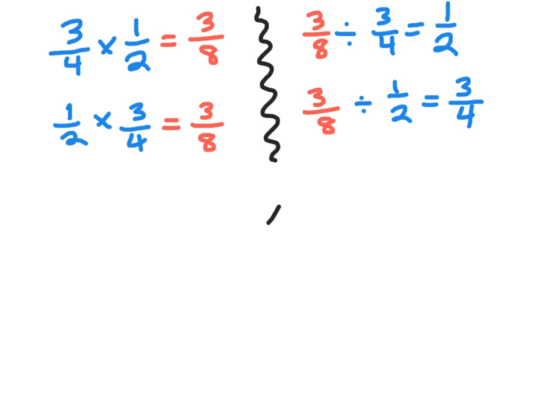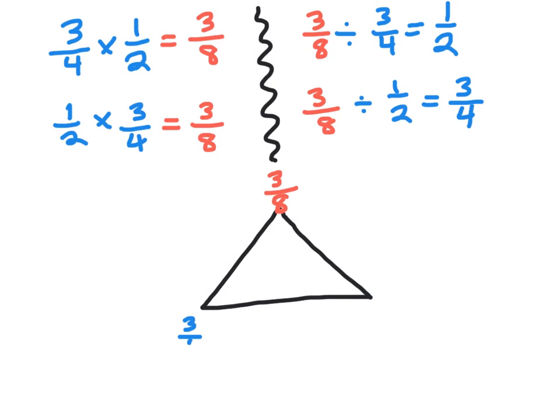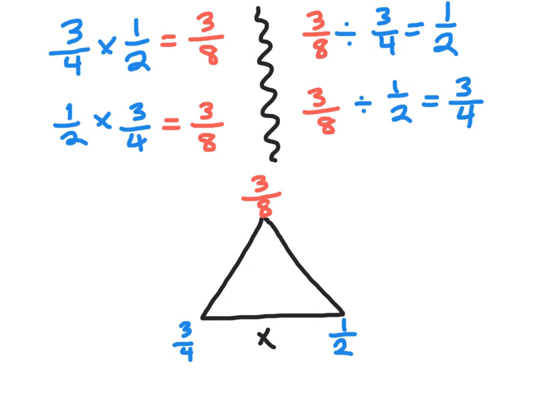So now let's go ahead and place these items on the triangle. I know that the product, which was 3/8, will go on the very top. And the factors of this product were 3/4 and 1/2. Now we know that if we multiply 3/4 times 1/2, we will get 3/8. I also know if I do 3/8 divided by 3/4, I will get 1/2.